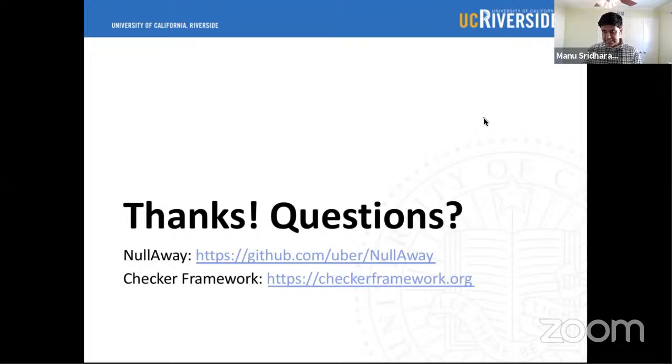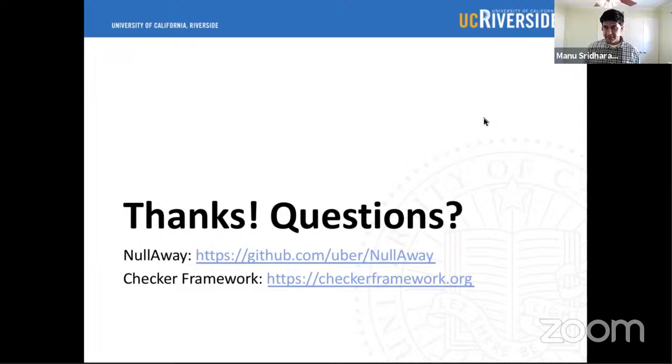You can set various configuration flags to say, for example, only this set of packages should be treated as annotated, and then treat all the other code as if it weren't annotated, like a third-party library. So that lets you incrementally get some of this benefit as you annotate more and more packages. You don't have to do your whole program at once. You can even do it down to the individual class level if you want to.